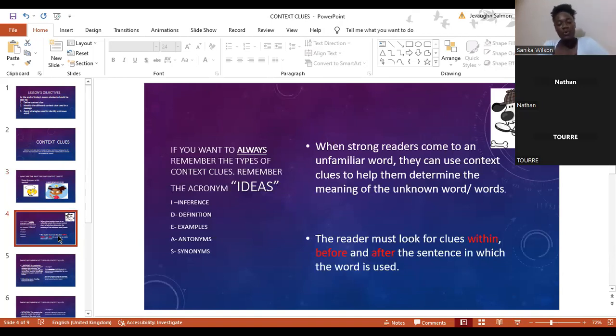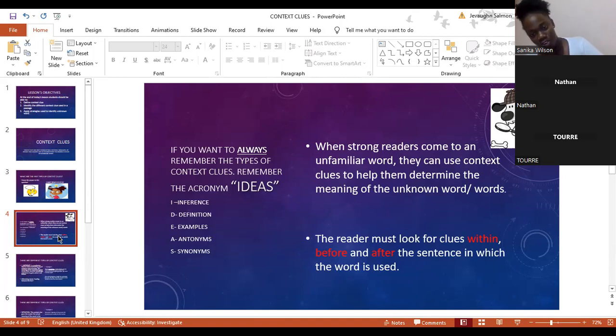This says, if you want to always remember the types of context clues, remember the acronym IDEAS, right? I is for inference, D is for definition, E is for examples, A is for antonym or contrast, like you said, Nathan, and then S for synonym. So there are 5 basic types of context clues. If we remember the acronym IDEAS, we will never forget the 5 types, all right?